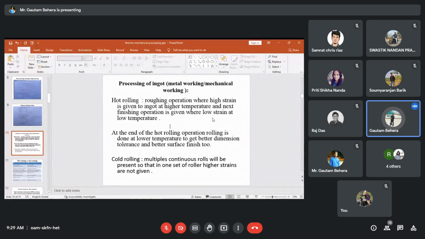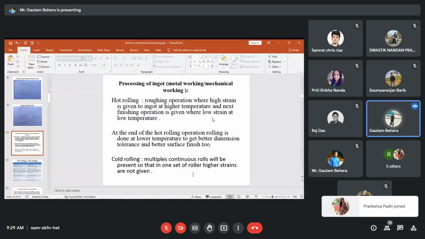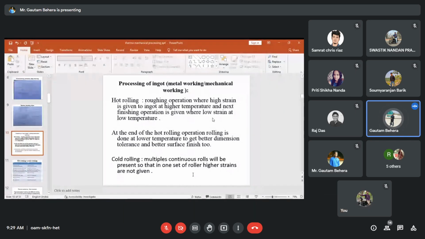Anyway, then cold rolling. In cold rolling, a lot of pairs of rollers will be there simultaneously, and the hot rolled component will be passed through this kind of processing. Cold rolling means the processing will be carried out at a comparatively very low temperature, or sometimes room temperature. It depends on which kind of materials you want to process.